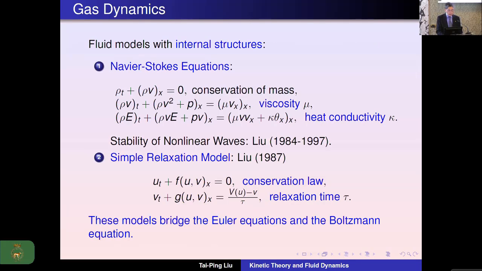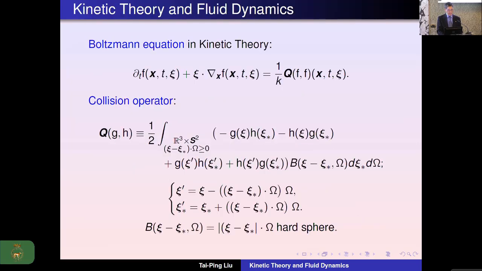Okay, so let me say that I want to go to the Boltzmann equation, but I need a bridge. And the bridge is the Navier-Stokes equation and some relaxation models that occupied me at the time when I was a colleague of Professor Dan Zagier at Maryland.